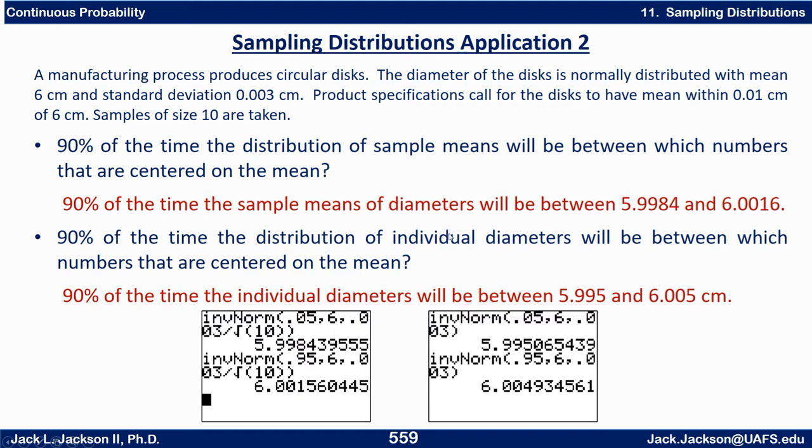So basically, this region right here for averages corresponds to this region right here for individuals. Of course, notice it's a bit narrower for this one here.